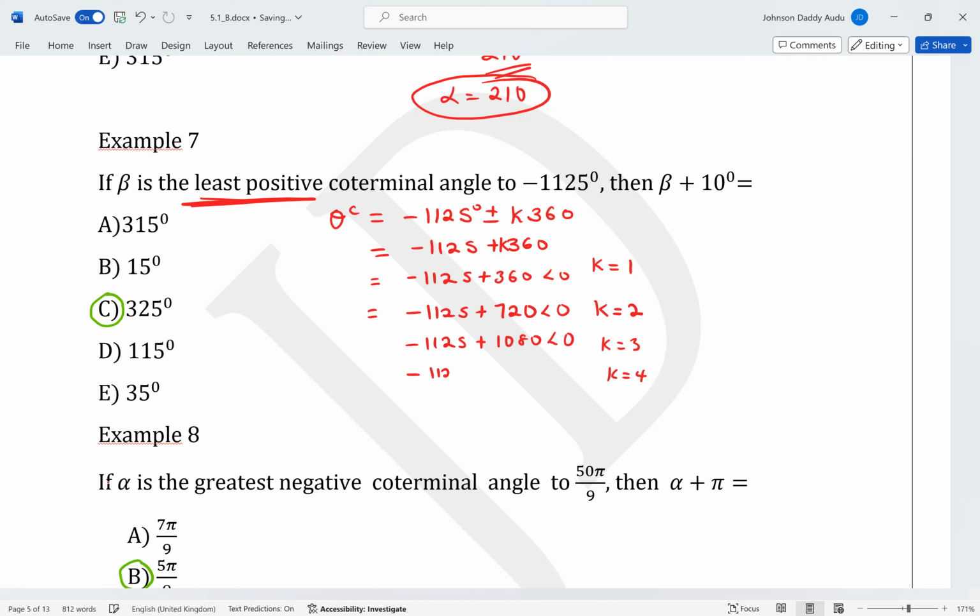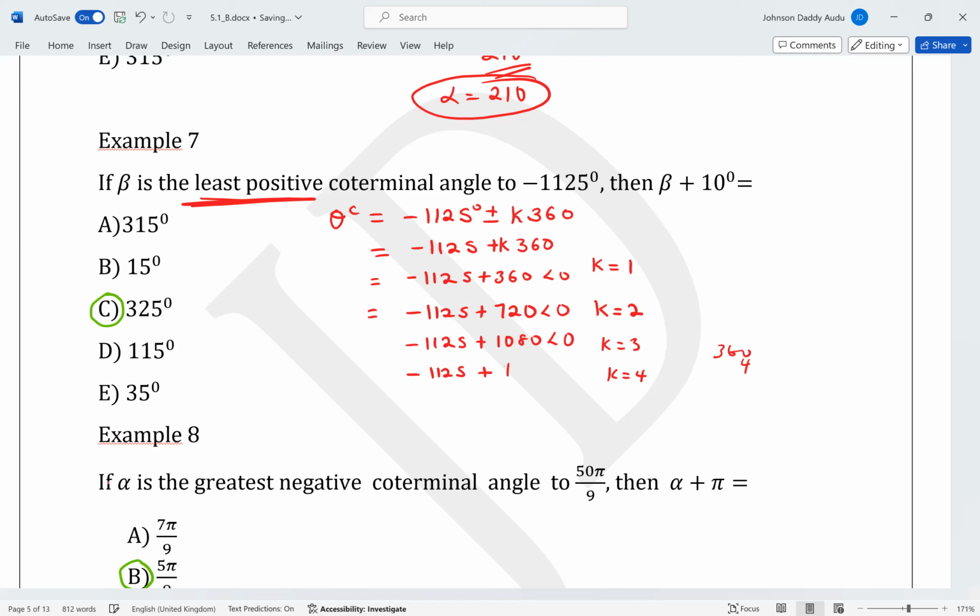So this is 1125. If k equals 4, remember I'm using this formula here. So don't forget, this is our formula, k times 360. If k equals 4, you multiply 4 by 360. So we are doing 360 multiplied by 4.